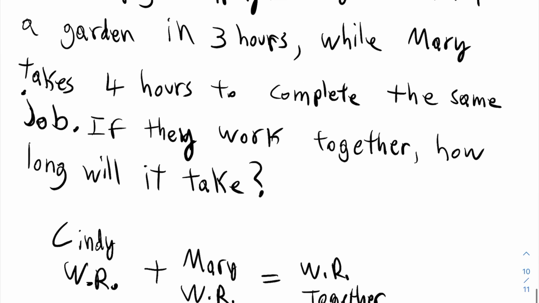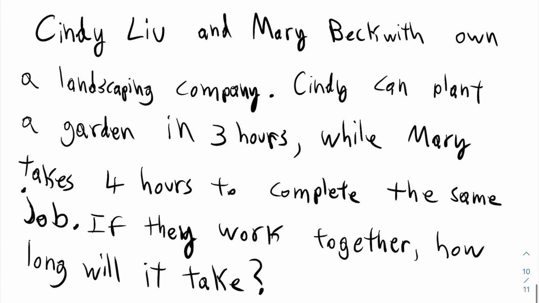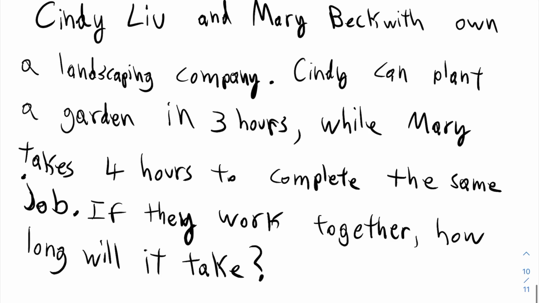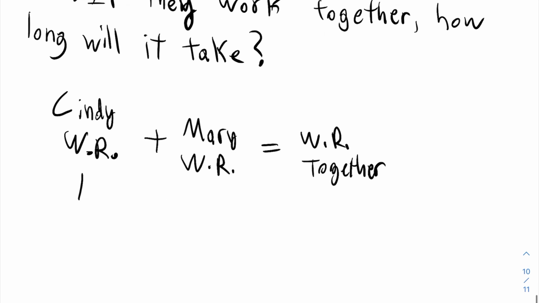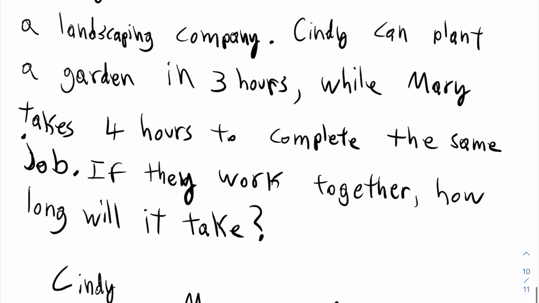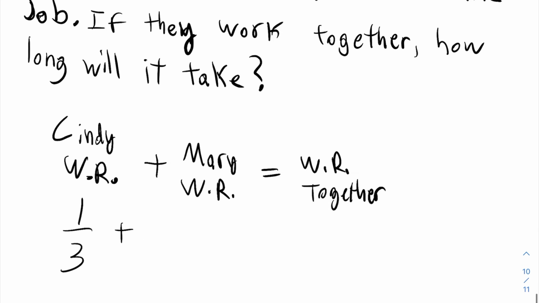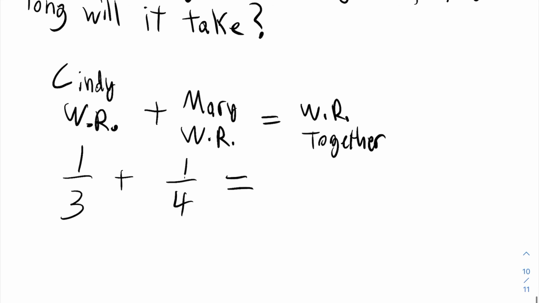That's how work rates work. They're additive. So Cindy's work rate is one garden in 3 hours. Mary's work rate is one garden, the same garden, in 4 hours. So together, the work rate is one garden in an unknown X hours.